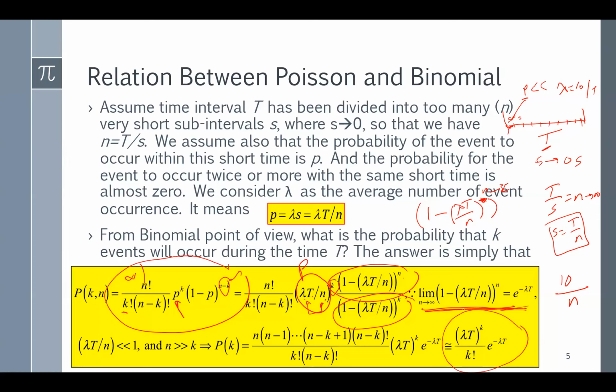But in the quizzes and in the exam, I will not bring this kind of derivation, so you don't need to be worried about these derivations. The importance here is to understand that this Poisson is actually coming from the binomial distribution, under some conditions or assumptions.